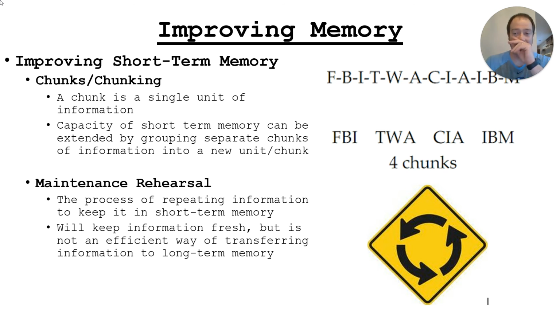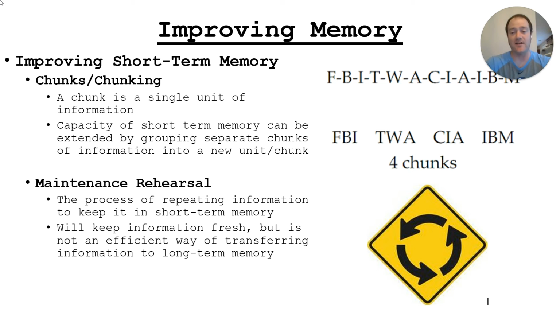So this image off to the right, which my face is kind of covering up the end of it here. If I was to give you that list of letters right there and told you just to memorize it, if you try to remember each individual letter one by one, you're probably going to have a harder time than if you chunk it together into mnemonics.